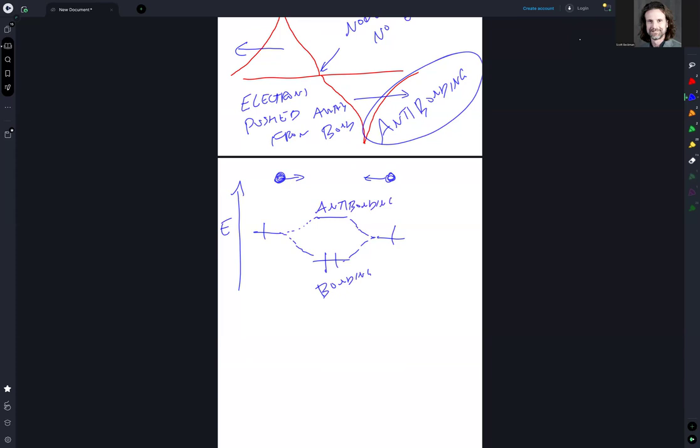So in the case, for example, of hydrogen gas, you get two electrons occupying the bonding. You get this bonding energy that is restored, and therefore the structure is more stable. And if you try to occupy with additional electrons, they're going to go up into this anti-bonding state and decrease the capacity for bonding.